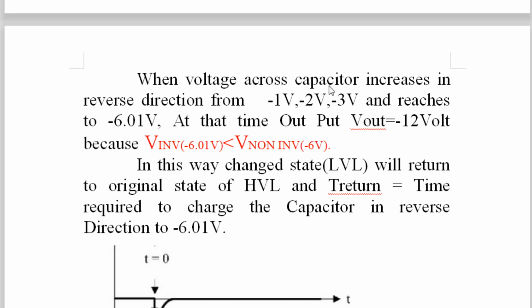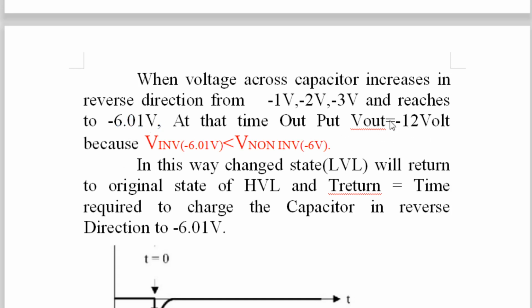When the voltage across the capacitor increases in reverse direction from -1 volt, -2 volt, -3 volt and reaches -6.01, that is what I told you. The capacitor started charging in reverse direction, 0.7 to 0, it will go 0 to -1, -2.